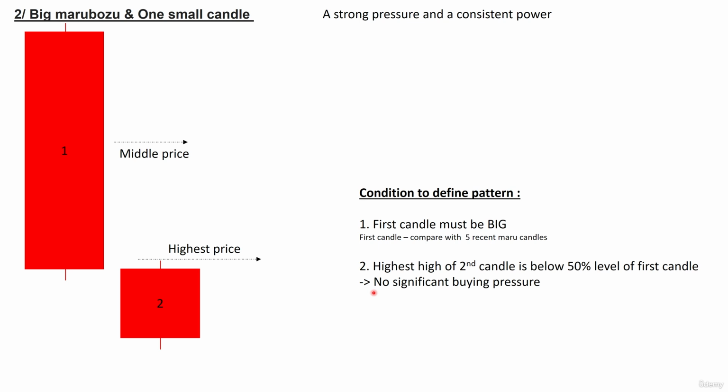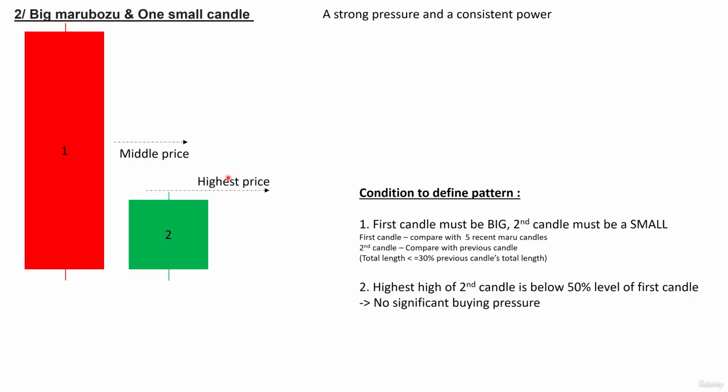Therefore, we can see that there is no significant buying pressure inside the doji right over here, and after the two candles right over here, we only see strong selling pressure in the selling pullback. And for the second case right here, when the second candle is one up candle, at this time we will have one extra standard.